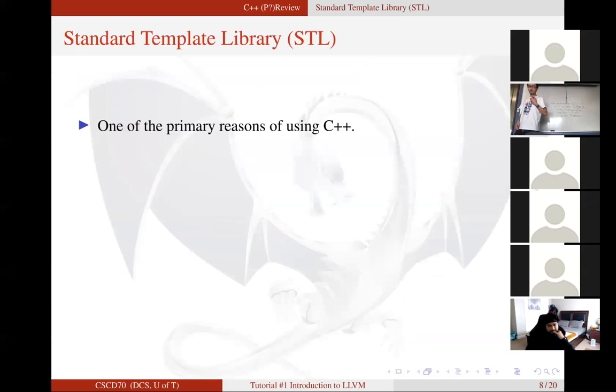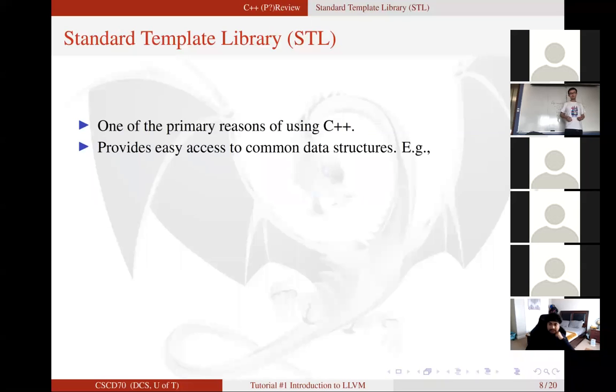And finally, we'll be discussing the standard template library. The standard template library is one of the primary reasons why we decide to use C++. If you have programmed in C before, hopefully you could agree that it's very painful sometimes to implement data structures such as lists or dictionaries that are very commonly used.